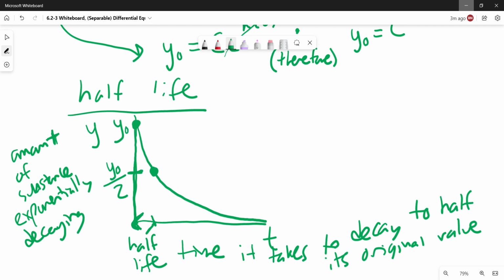Something like example 4 is a little bit trickier because they don't give you the initial amount, but they do give you 2 data points. They tell you there's 100 flies after 2 days and 300 flies after 4 days. So instead of immediately knowing your C, you're going to have to do a little mini system of equations substitution thing to get your C. You just plug in those 2 data points, 2, 100 and 4, 300.